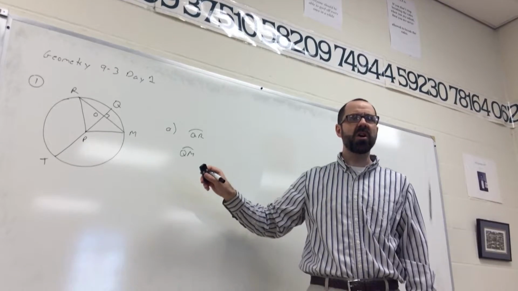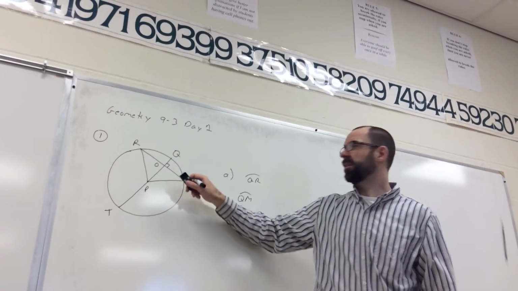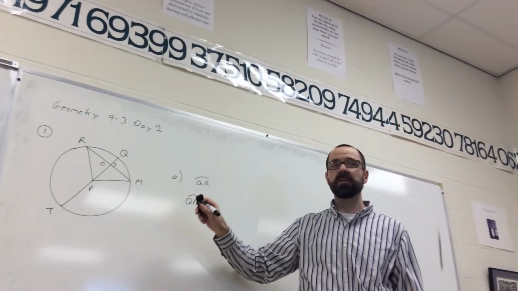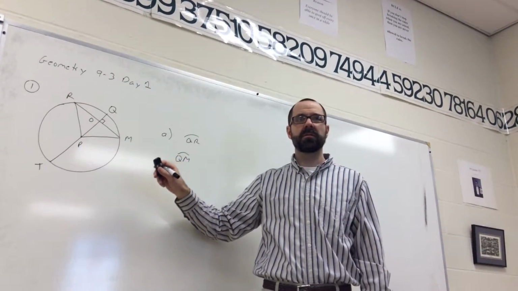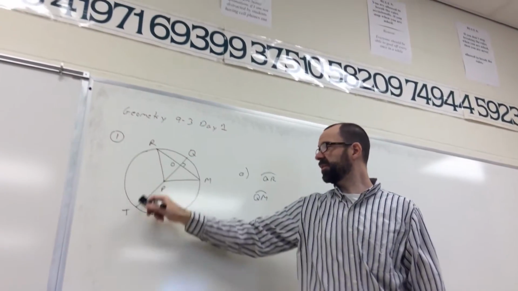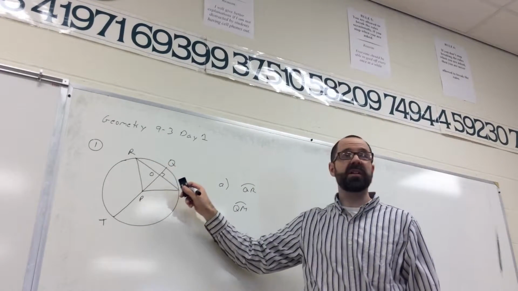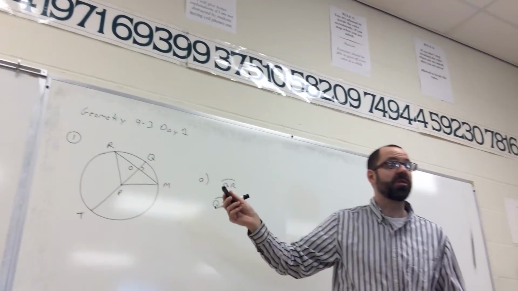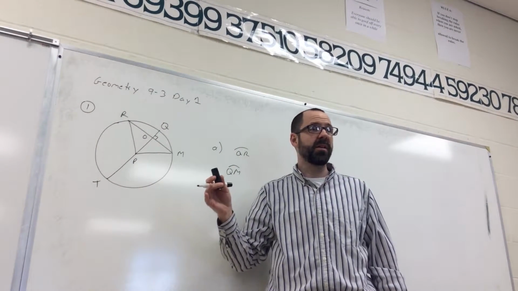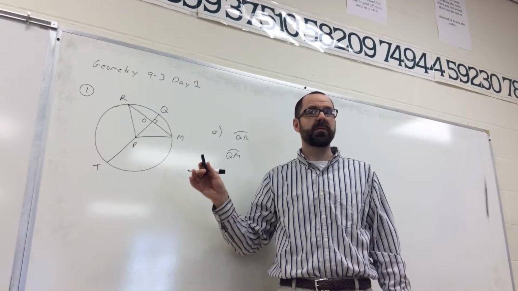So how do we know that this arc is congruent to that arc? Yeah, Taylor? So this is getting bisected, right? Or sorry, this is getting bisected. How do we know for sure that it's getting bisected? So that's good. Good use of the terminology bisect. But how do we know for sure that it's getting bisected?